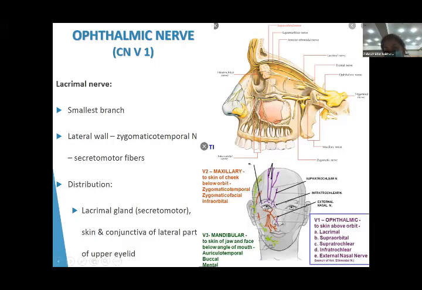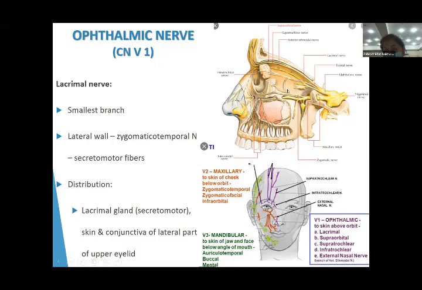So this lacrimal nerve runs along the lateral wall of the orbit. It receives a secretomotor branch from the maxillary की zygomatic-temporal. ये maxillary nerve है बेटा, second branch of trigeminal nerve. The maxillary nerve gives off a branch which is the zygomatic nerve. Zygomatic nerve divides into two, the zygomatico-temporal and the zygomatico-facial.